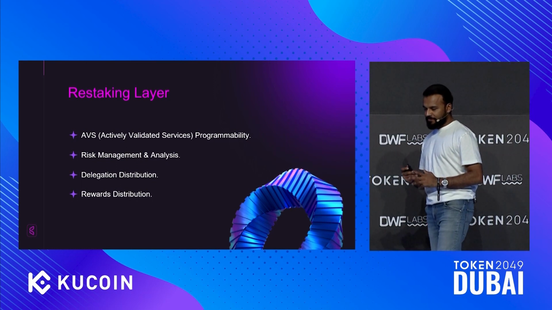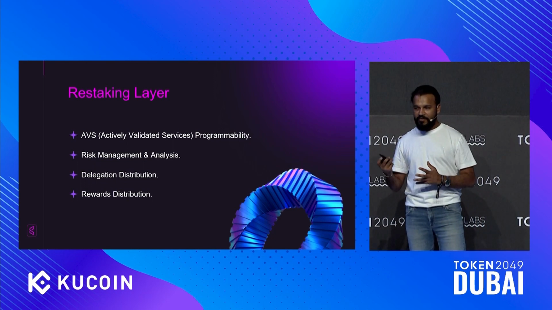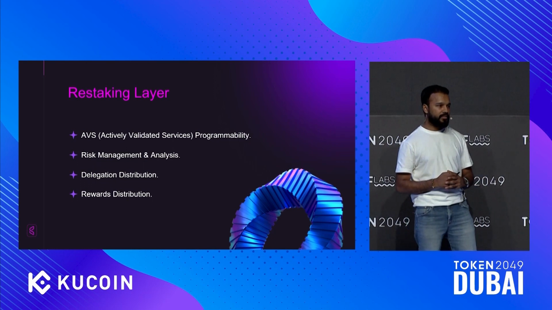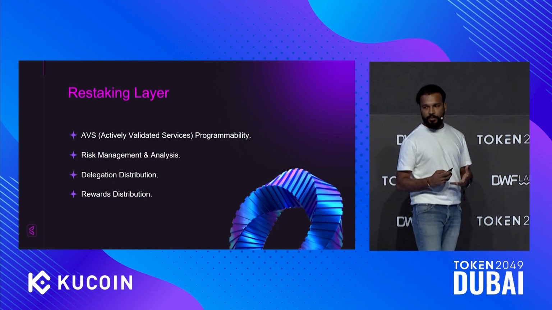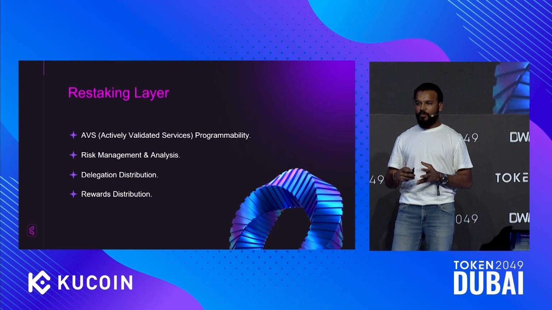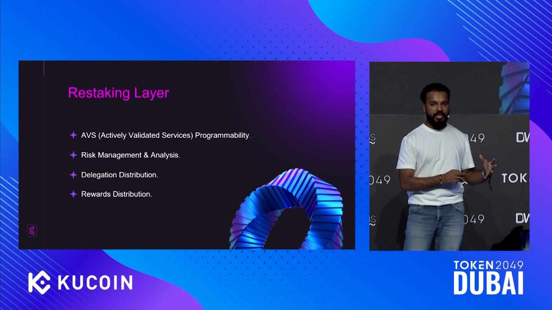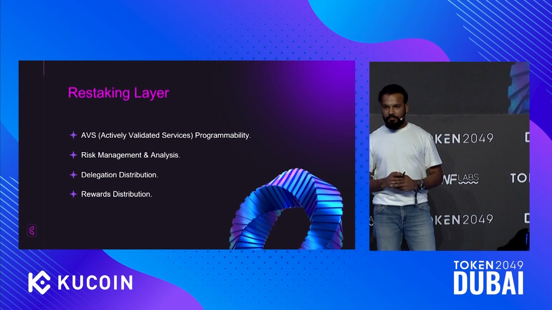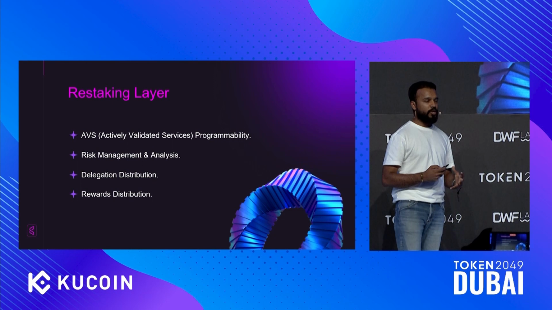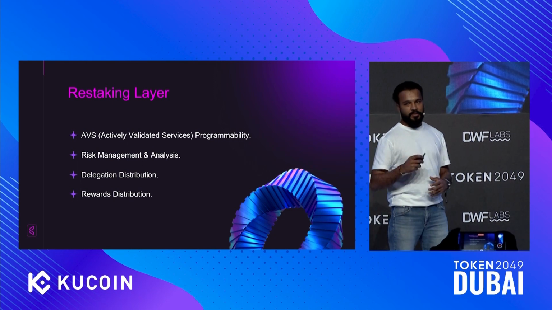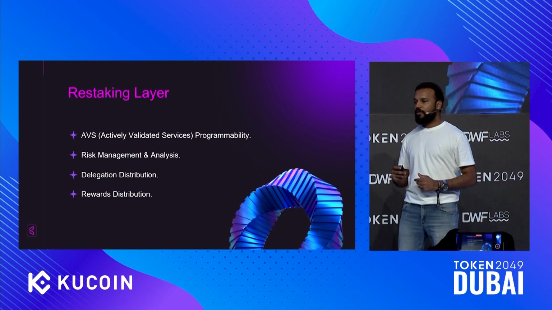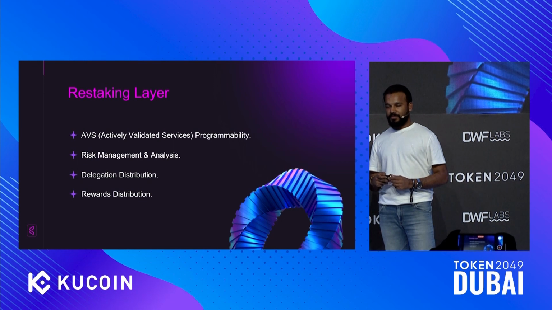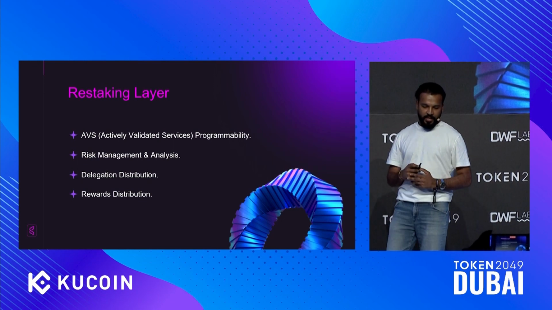So the first is AVSs, which is actively validated services. Every restaking protocol has to decide which AVSs they want to delegate to. Right now, it's easier because most of the AVSs do not have any slashing. So most LRTs are going to just support everything. It's gas intensive, but still.